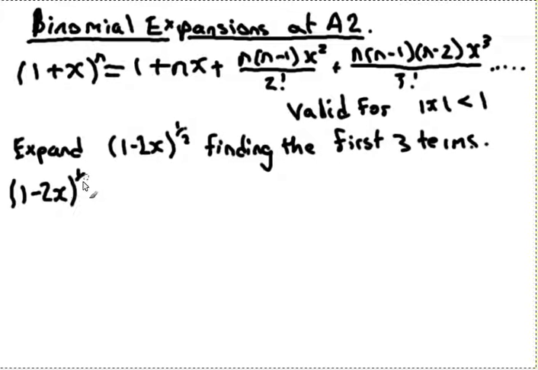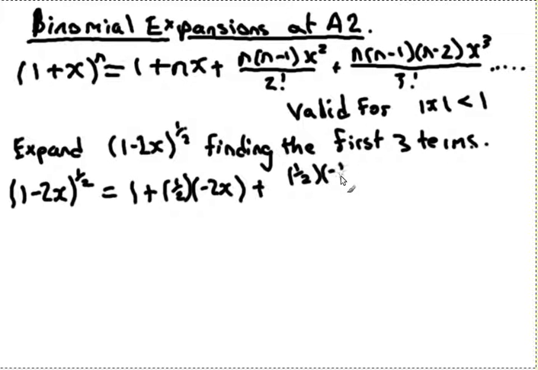(1 minus 2x) to the half is 1 plus n times x, and I always get students to put it in brackets because it's one of those questions where it's easy to make a mistake, plus n times n minus 1, no need to rush in other words, times x squared over 2 factorial. Now I'm just going to put dot dot dot after that because it's not exactly equal.